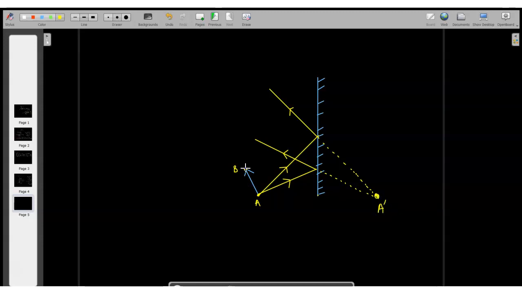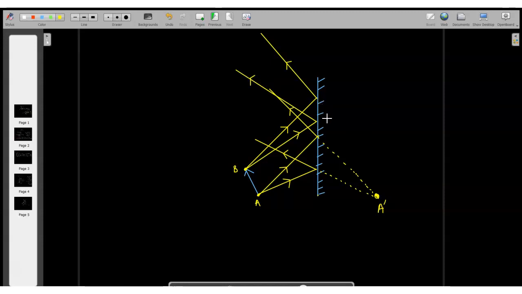Okay. Now we will take from B. Again, we'll take two rays from B. One incident ray, reflected ray. Again, take another ray. Suppose here, incident ray and reflected ray. Okay.